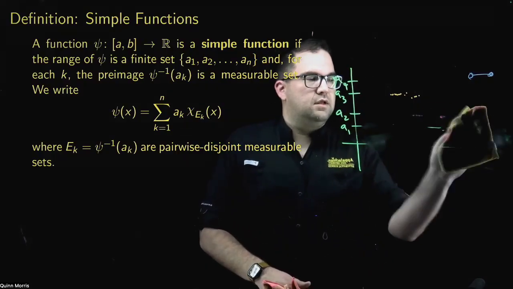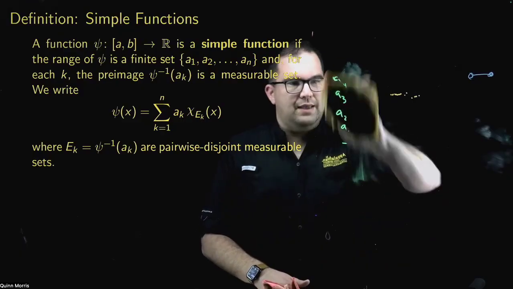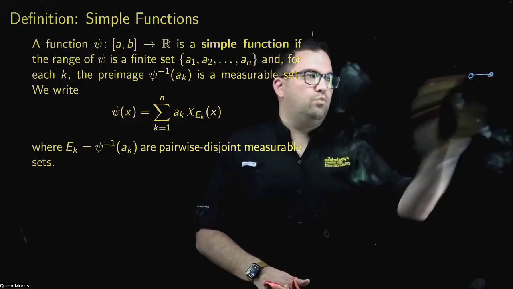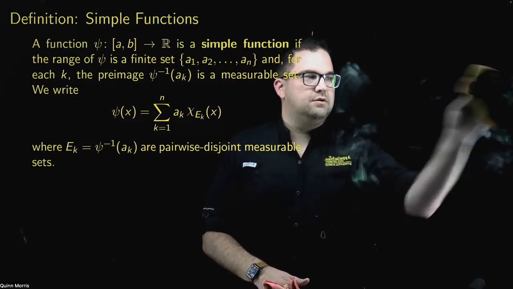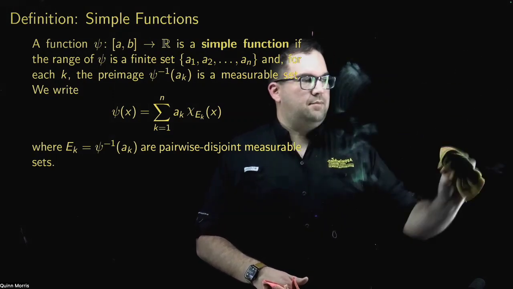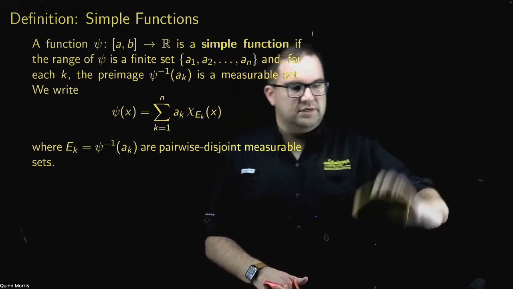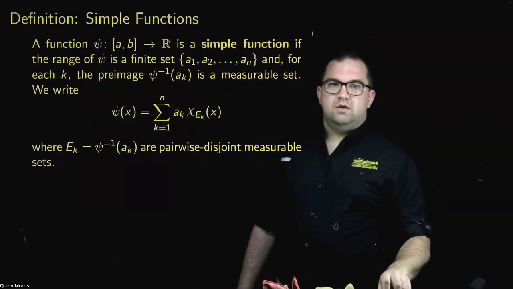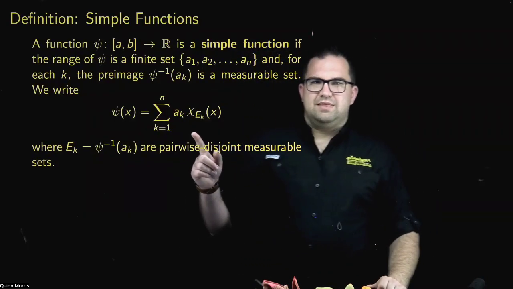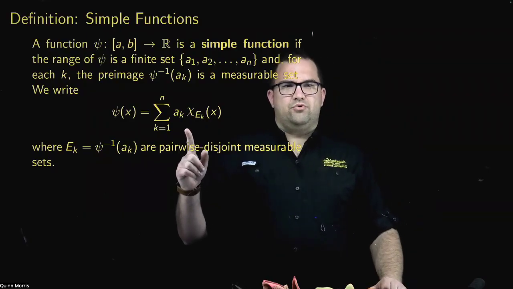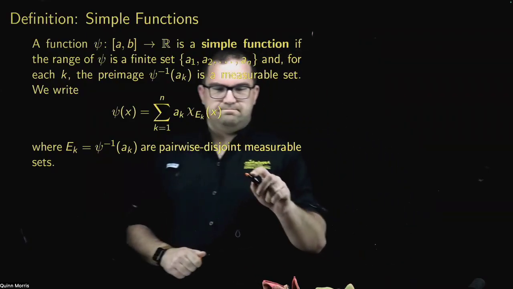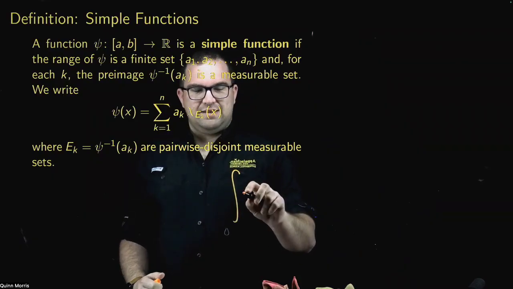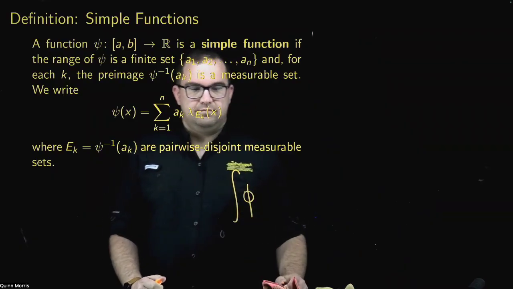Now, why are we talking about all this? Well, it turns out step functions and simple functions are examples of Lebesgue measurable functions. But also, if you start to think about what the integral of this function should be, take a step function.